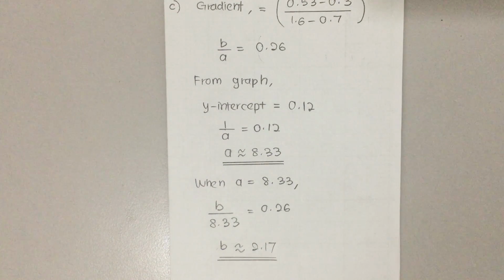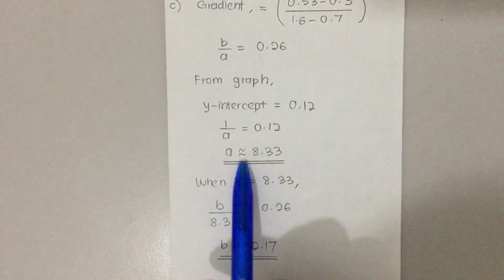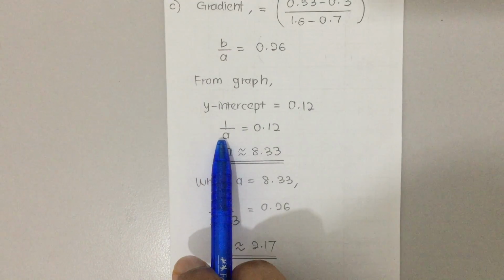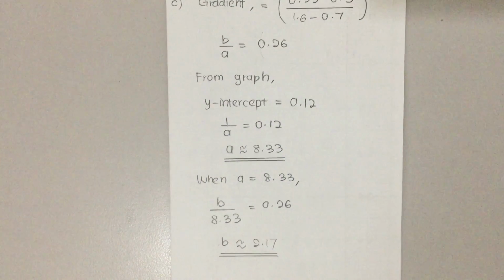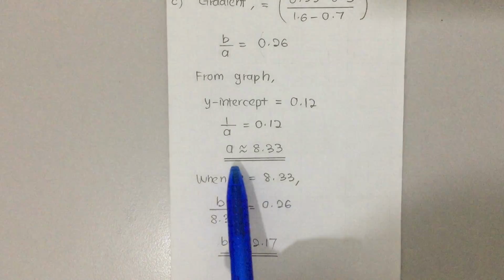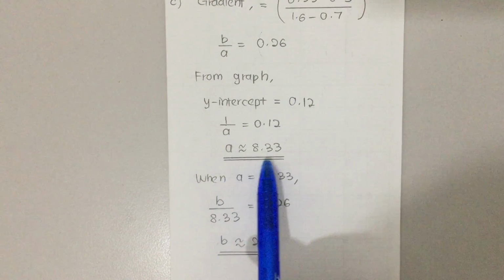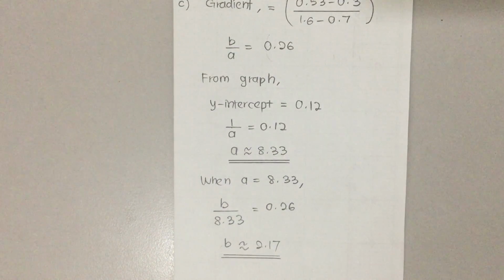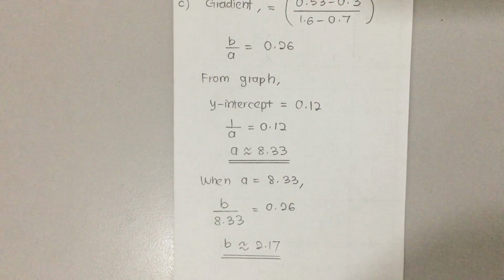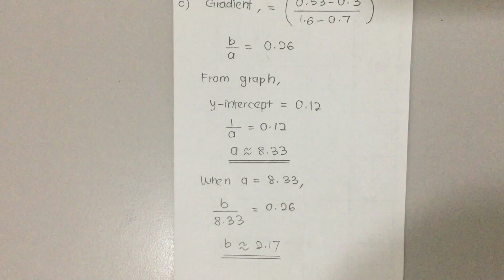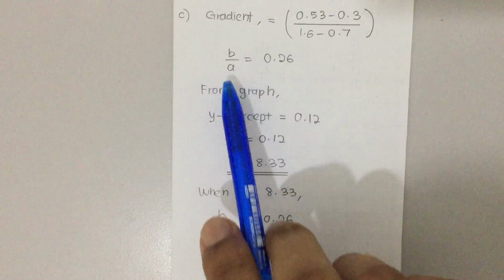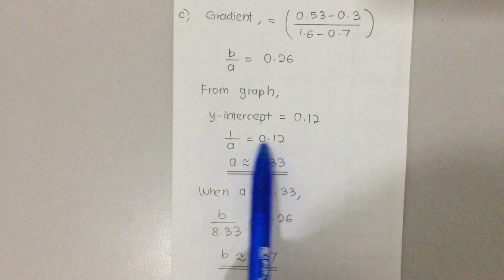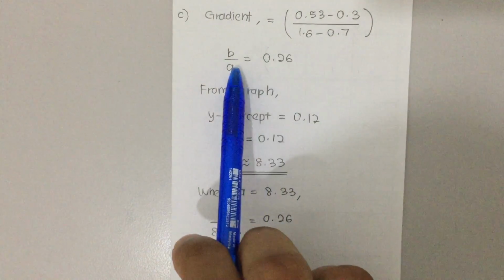So how are you going to find the a value? It is very simple. You just invert. To find the a value is 1 divided by 0.12. So from here you get a approximately 8.33. Once you get your a value of 8.33, the rest will be easy guys. We still have our gradient value to find, which is b over a. So you can substitute your a value into the b over a value.